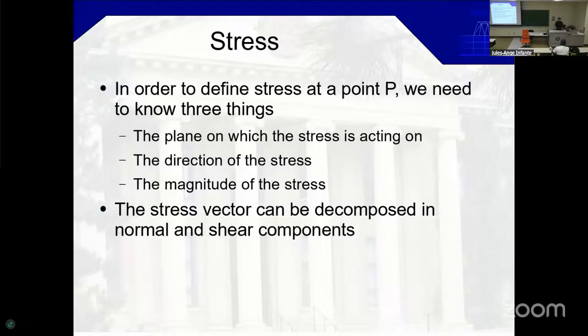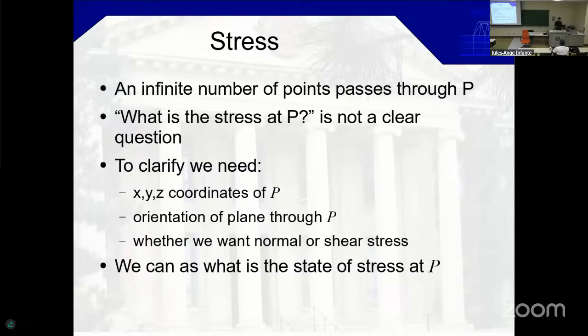Now, at any given point, how many planes can I have at a given point? How many different planes can I have? Infinity, which makes it a little bit complicated to express the state of stress at a point. So when I say what is the stress at point P, it's not a clear question.